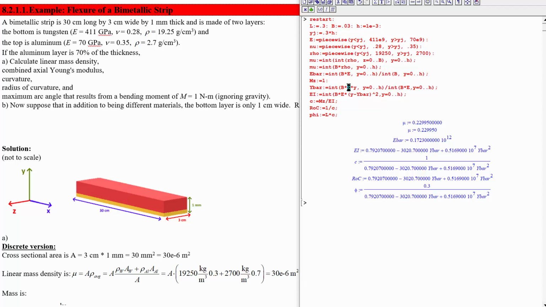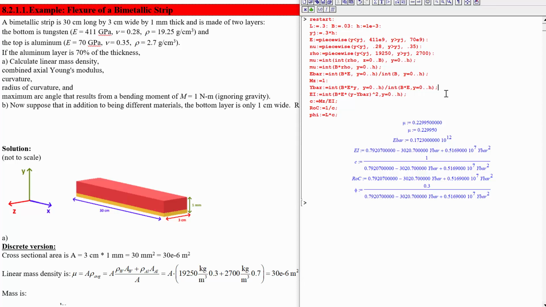So this, first of all, predictions. We don't expect this to be exactly at the halfway point this time. It's not going to be at 0.5 millimeters. It's going to be closer to the tungsten because the tungsten is so much stiffer than the aluminum that once we're weighting this weighted average by the stiffness, we're going to have something that is a lot closer to the location of the tungsten.